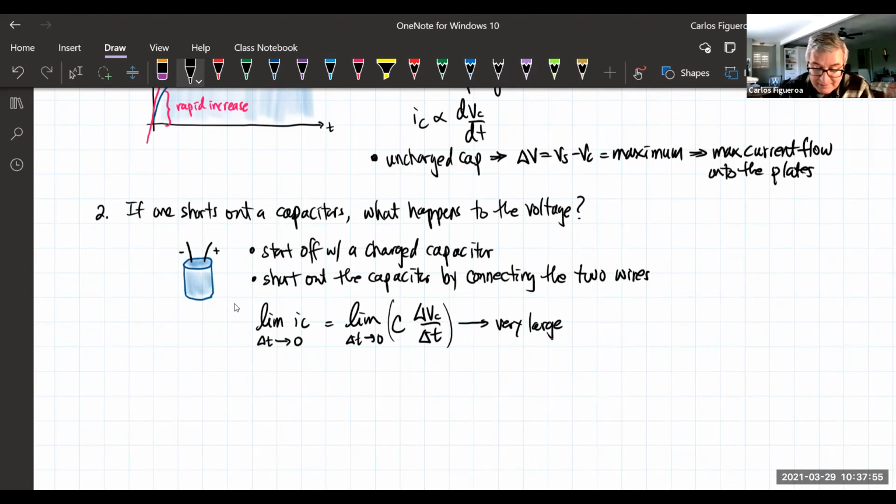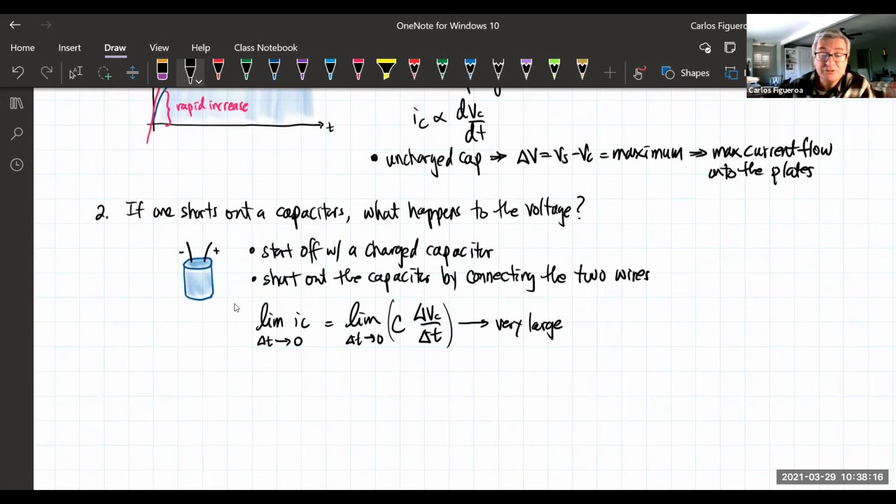Now, an application of this could be the spark plug in your car. If you think about your spark plug, your battery's 12 volts, not really, but maybe 12.6.